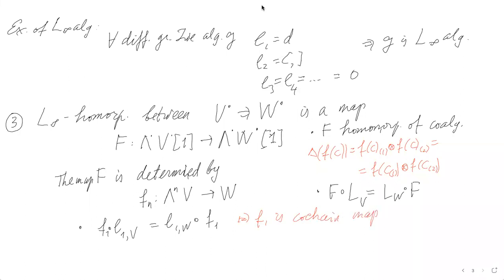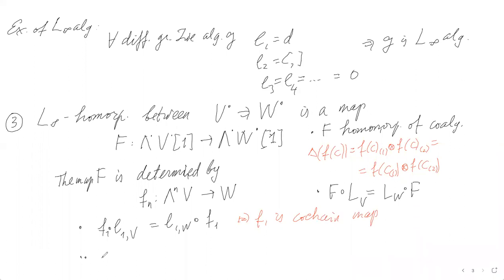And the second condition is also something you can pretty easily expect. It is that F1 interacts in a pretty nice manner with the structure maps, with the brackets. So the brackets are given by L2 map.